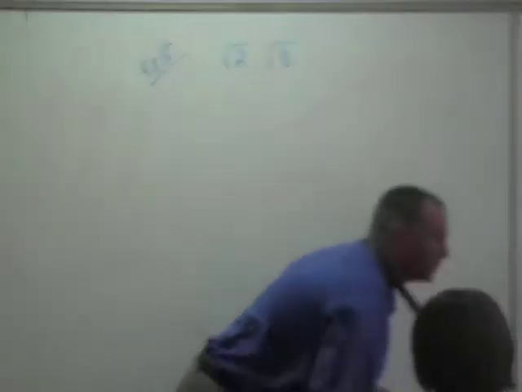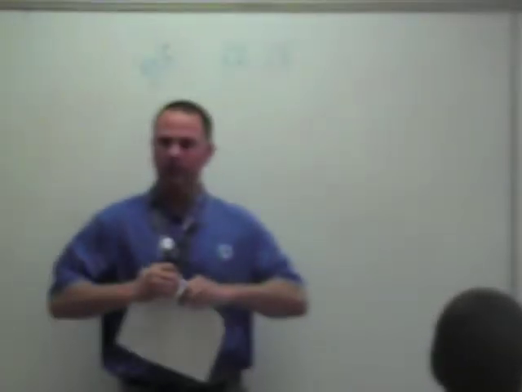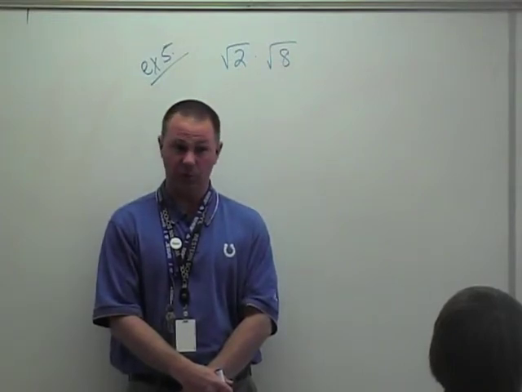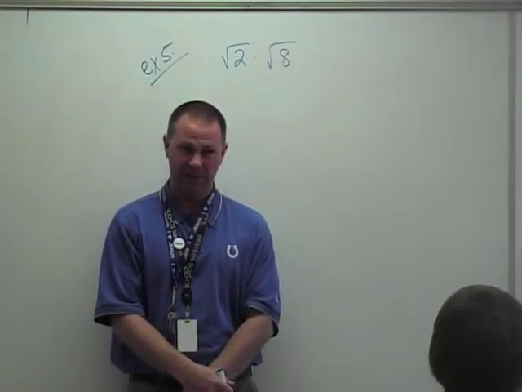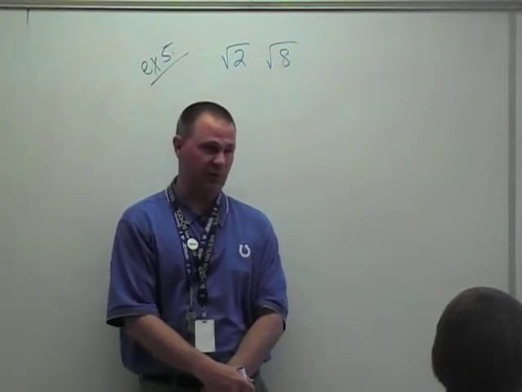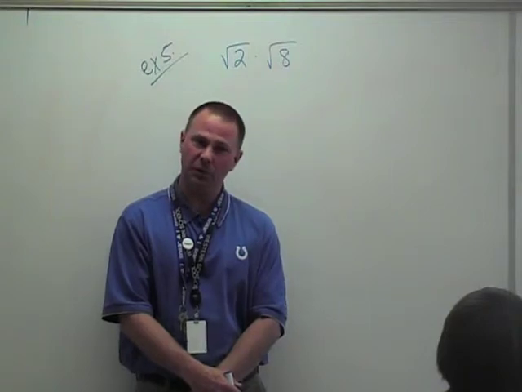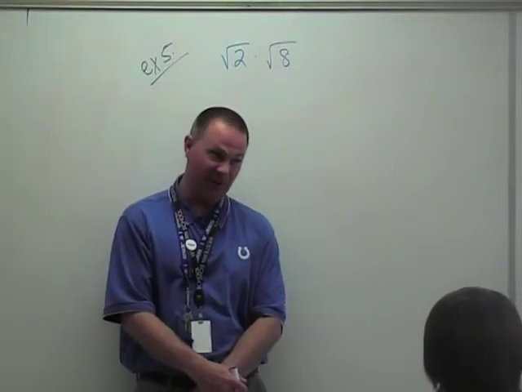Do you know what the square root of 2 is? No. 1 times 1 is not 2. You don't know what the square root of 2 is. What about the square root of 8? 4 times 4 is not 8. We don't know.